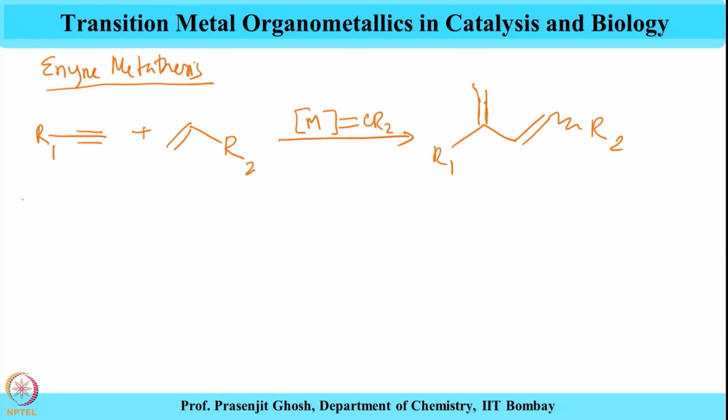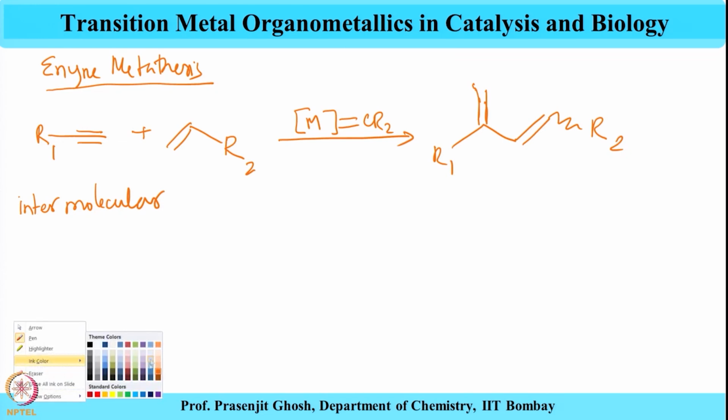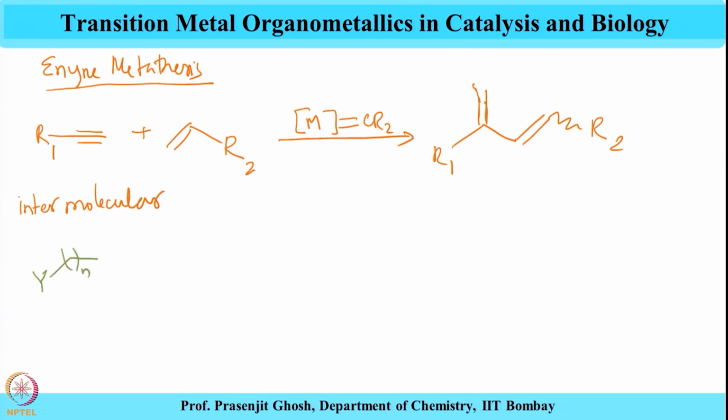So, this is the example of intermolecular enyne metathesis. Similarly, the intramolecular metathesis are also reported, which involves a bridging group or substrate containing a linker in which the substrate contains both the alkene and the alkyne moiety.